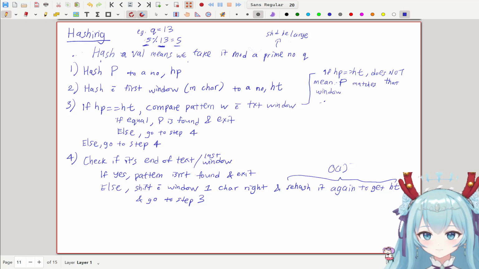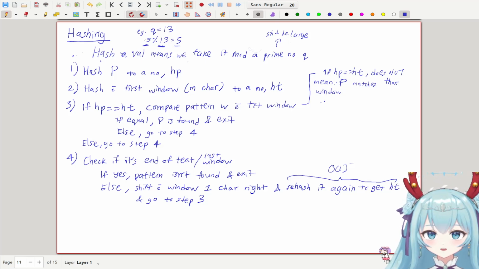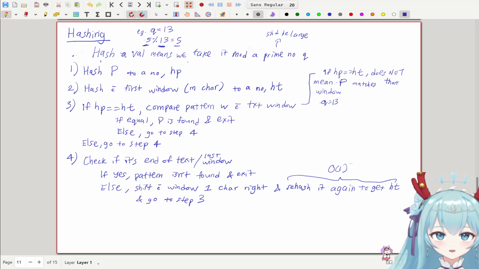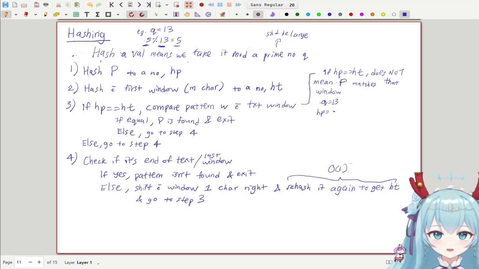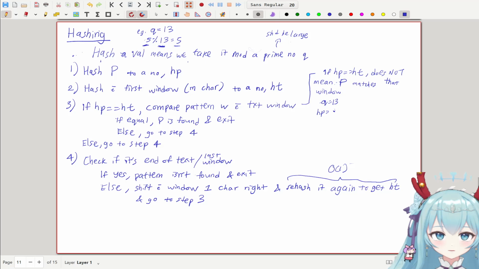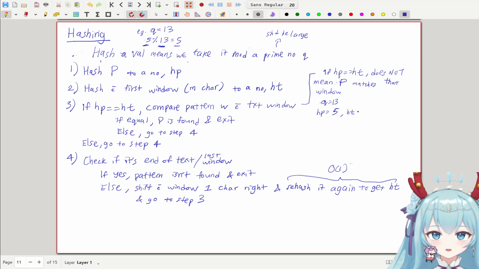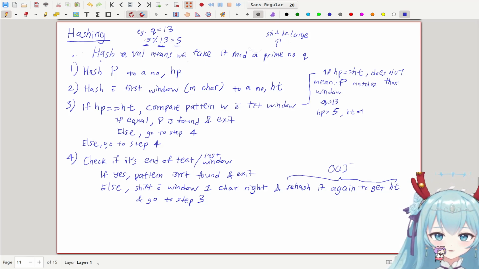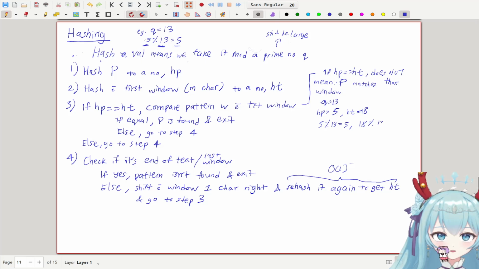For example, if q equals 13, hp equals 5 and ht, the hash value of our current window, equals 18. 5 mod 13 equals 5, but 18 mod 13 also equals 5.